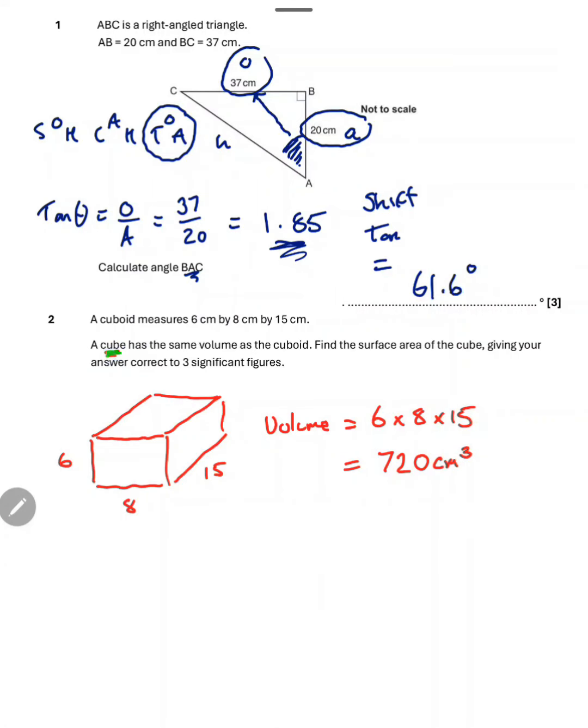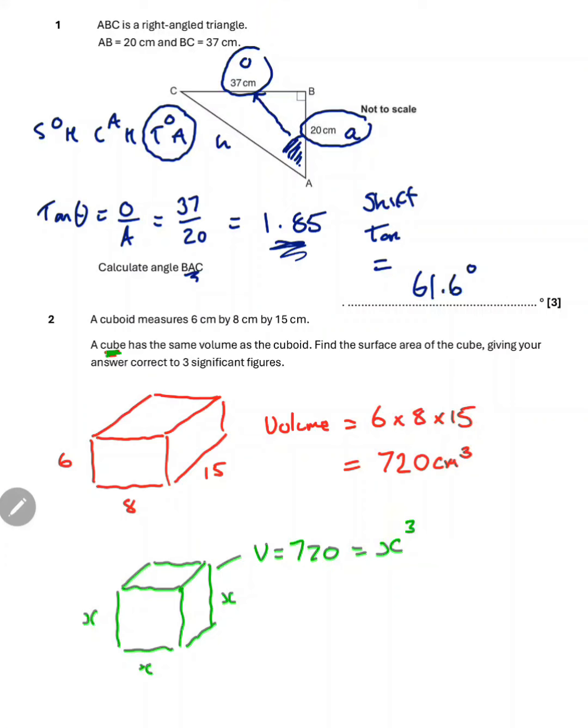It talks about this cube that's got the same volume. Well, a cube is your bog standard cube like that. And we know that the volume is 720. Thing about a cube, all these sides are the same length. So what we know is x times x times x equals 720, or x cubed equals 720.